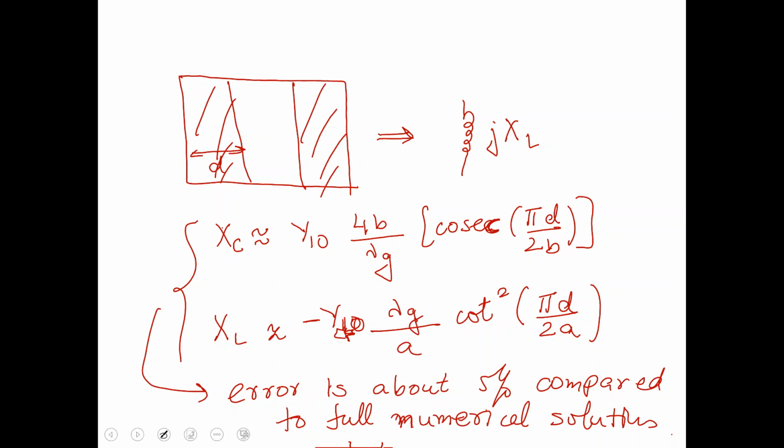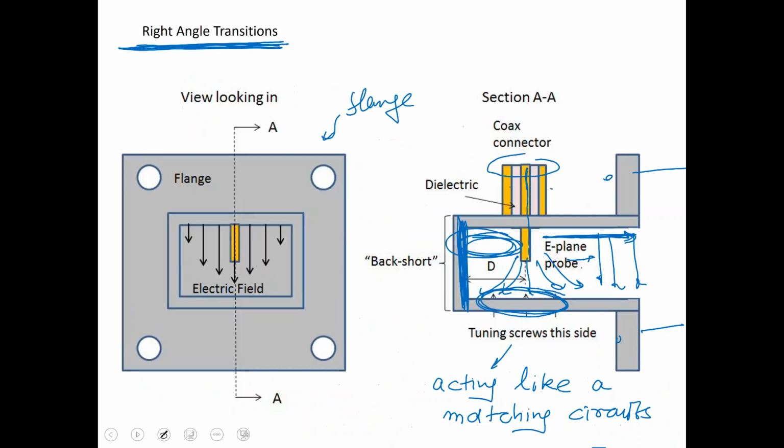When that energy comes, the modes do not match, so some of that energy is captured by the evanescent modes, and that energy starts to get stored around these discontinuities. And energy storage is what we call a capacitance or an inductance. If the energy is stored in the electric field, then it acts like a capacitance. If the energy is stored in the magnetic field, then it acts like an inductance.